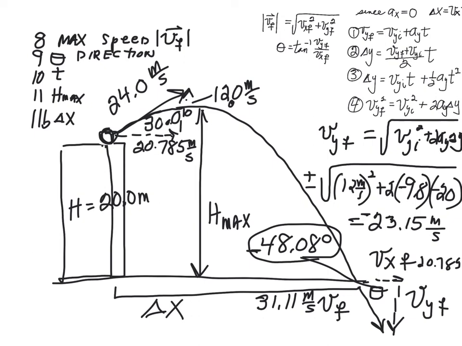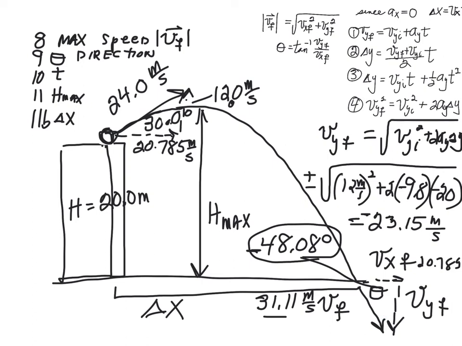And then we check our answers. Notice, this is important. It's easy to make calculation errors, parentheses, a minus sign. So what I'm looking for is that this 31.11 is bigger than these two numbers. So I have a 20-something and a 23-something. 31 for the magnitude makes sense.